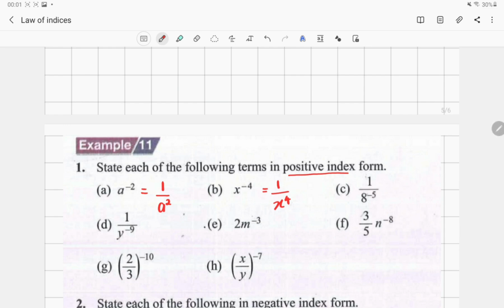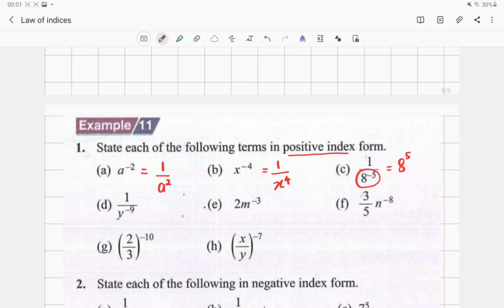What about C? Now 8 power of negative 5 is at the denominator. So when we write it in positive index, it will be 8 to the power of 5. Now refer to D. This one will be y power of 9. Here, the negative index is for m.